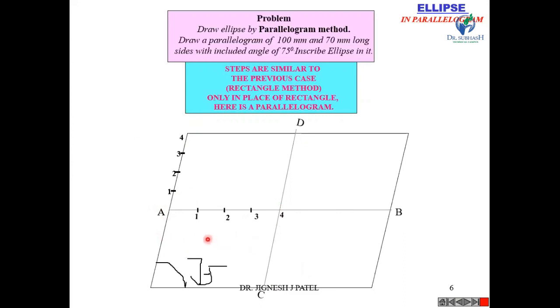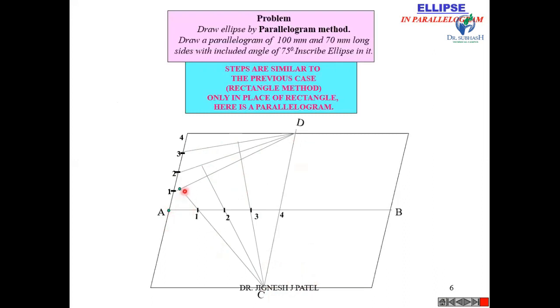Now join 1D, 2D, 3D and 4D. Similarly, join C1 and extend it up to 1D. Join C2 and extend it up to 2D. Join C3 and extend it up to 3D.